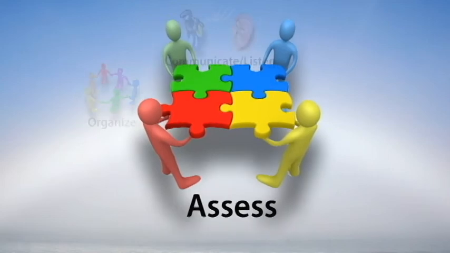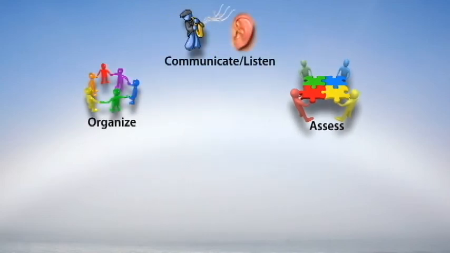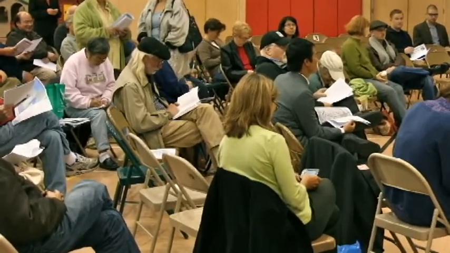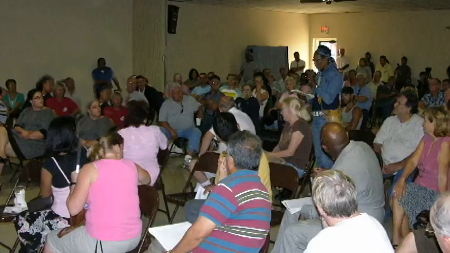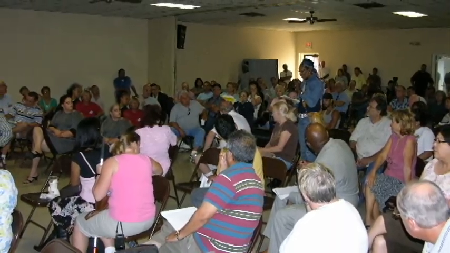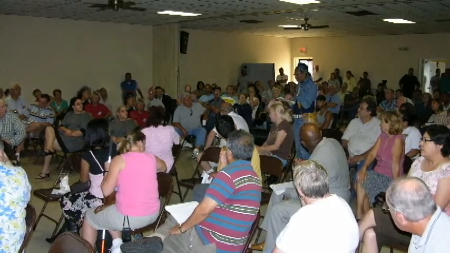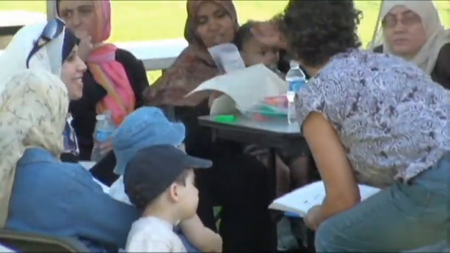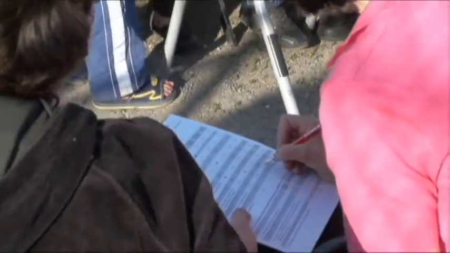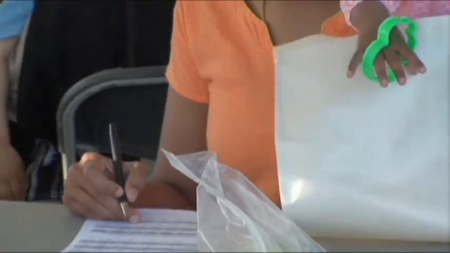Now that we have organized a team and spread the word, it is time to start the neighborhood assessment phase. This includes active listening and basic information collection about assets in the neighborhood. We need to engage as many residents as possible and ask about their concerns and vision for the neighborhood. We can use many tools, including the neighborhood survey, to record people's responses, understand how they feel and view the neighborhood, and learn how they can contribute to solutions.